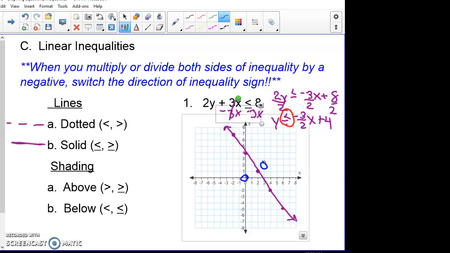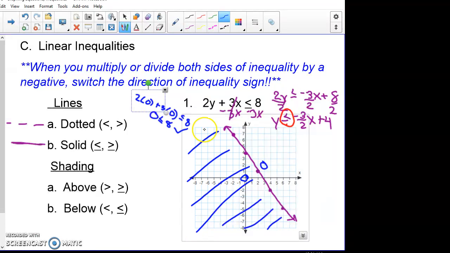Doesn't matter necessarily what point you pick, but one of the things that you'll see is I picked 0, 0. 0, 0 is the easiest point to pick because y equals 0, x equals 0. If we look back to our equation, if we have the ordered pair 0, 0, that means we'd have 2 times 0 plus 3 times 0 is less than or equal to 8. 2 times 0 is 0, plus 3 times 0 is 0. 0 is, in fact, less than or equal to 8. So that means our shading is going to go below our line, confirming the shading area over here.